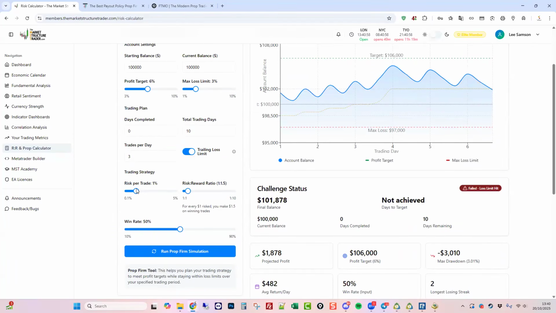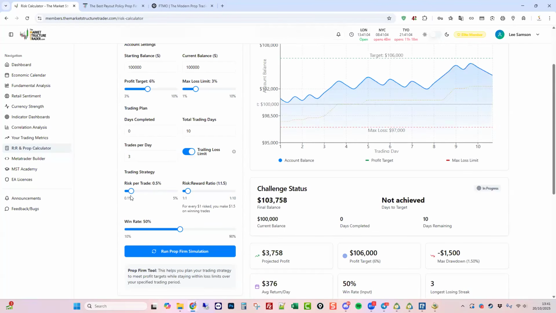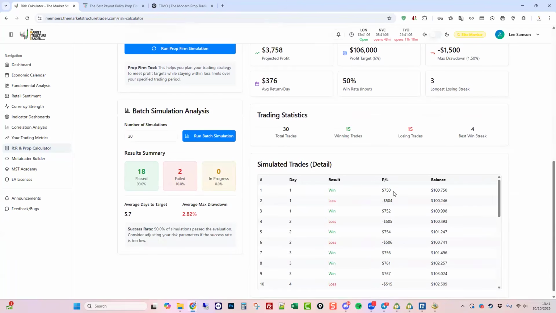So you've got 3,000 drawdown. If we reduce this risk down to 0.5% on a 100K account, you're still risking $500 every time you lose a trade. So you are still going to fail the vast majority of your evaluations, and some of them will still be alive, but you're still going to lose a load and not have passed most.